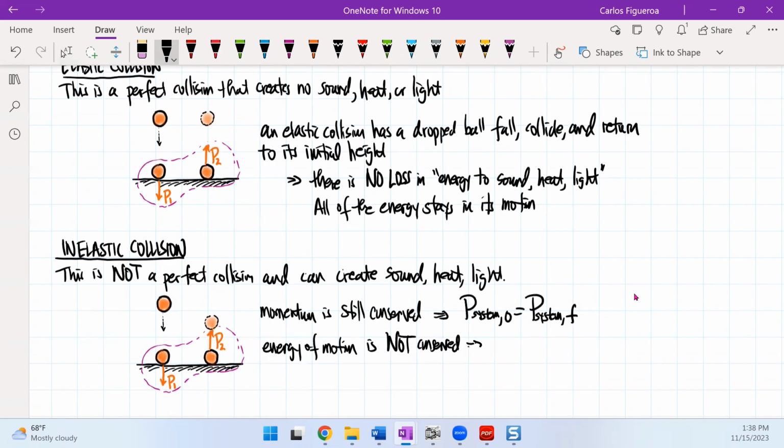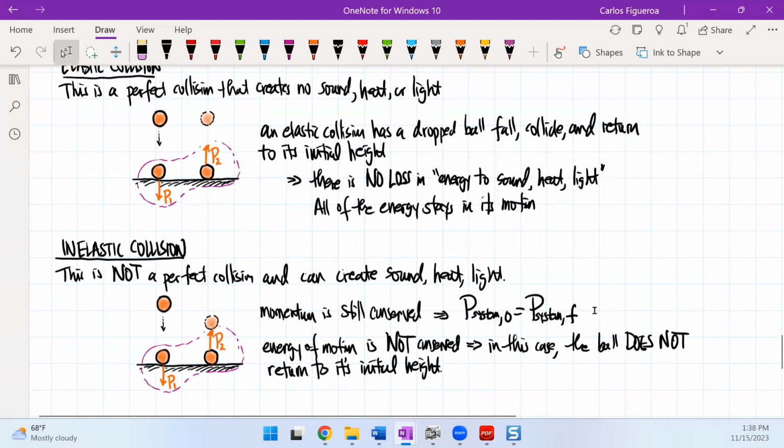And so what that implies here is that in this case, the ball does not return to its initial height. And that's the only thing we can say about inelastic. It's hard to identify. Okay.